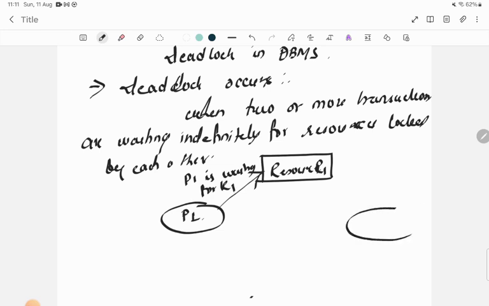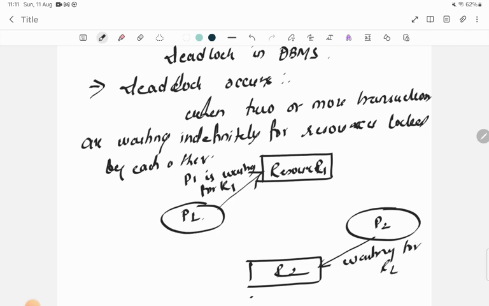And here we have another process, that is P2, and suppose there is a resource R2. This P2 is waiting for R2, but see the changes here. This R2 has been acquired by P1.